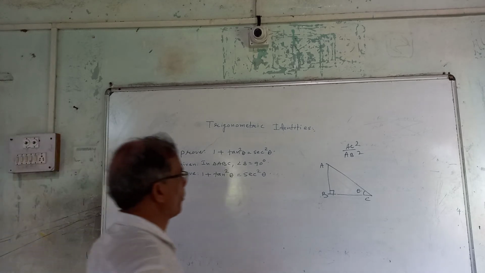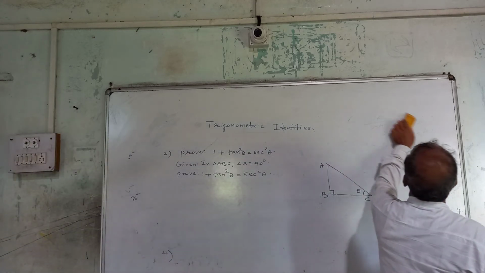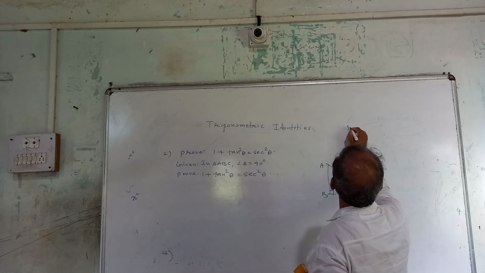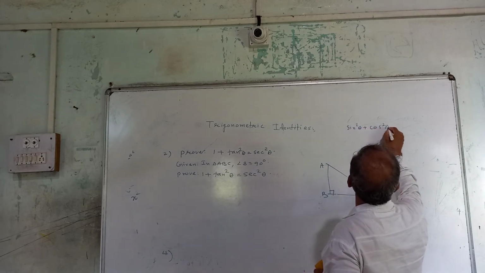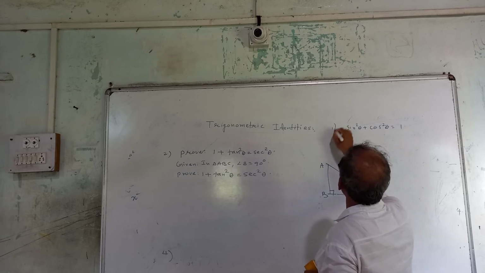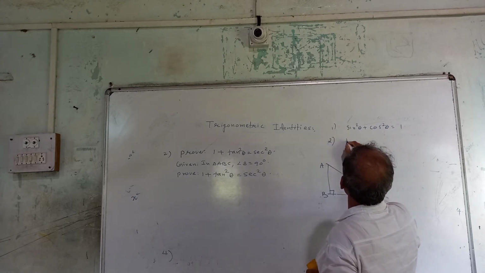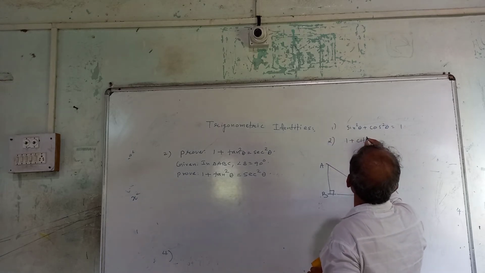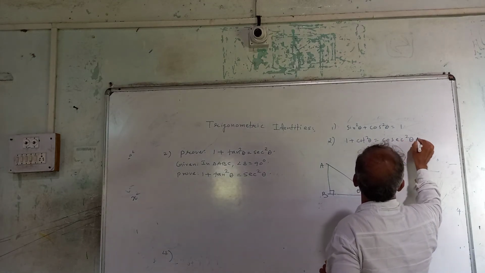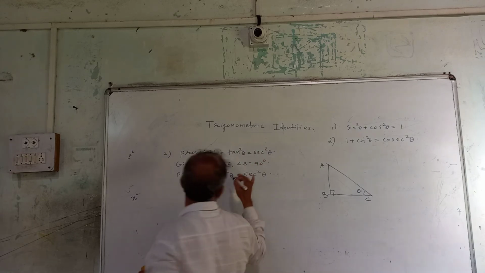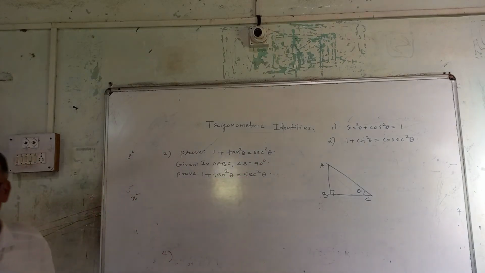First we have proved what? Sin square theta plus cos square theta is equal to 1, first identity. Second, we have proved 1 plus cot square theta is equal to cosec square theta. And now third, 1 plus tan square is equal to sec square. So this is also we have to prove by using Pythagoras theorem.